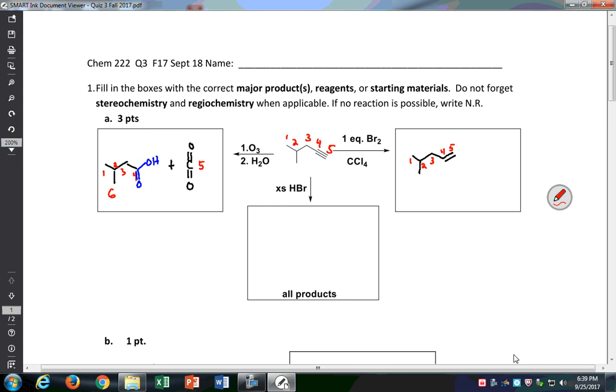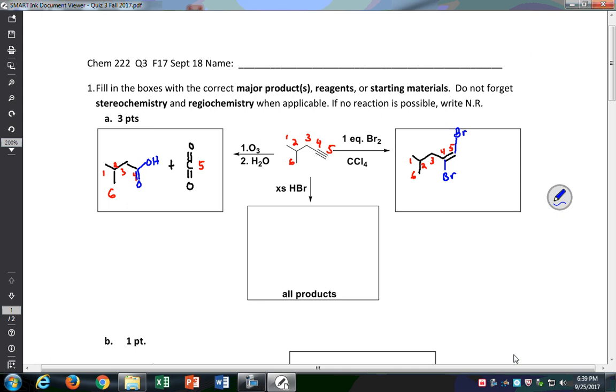So, still writing my numbers. So I'm adding bromine, and trans is going to be my major. CCl4, that's just my non-nucleophilic solvent. The reason why it's useful is it won't react with my compound. So it's still just going to be in there. We're going to evaporate it. I'm going to remove it.